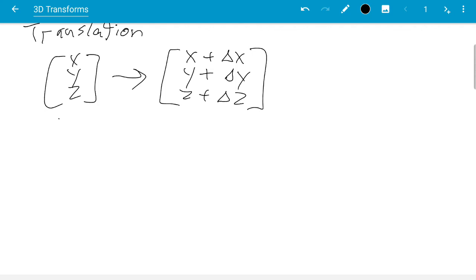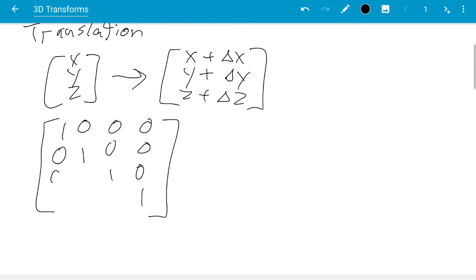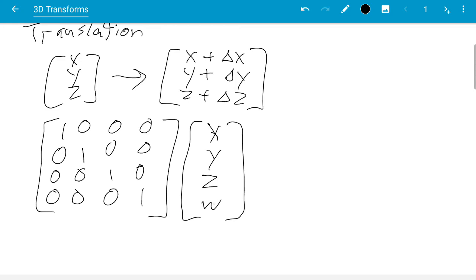The trick is we expand this. Instead of working with 3 dimensions and having to ignore the z, let's go to 4 dimensions. Let's do a 4 by 4 matrix. Here's a 4 by 4 identity matrix. Let's multiply that by a 4 vector, x, y, z, and let's call this last one w, but you can usually just replace it with a 1.